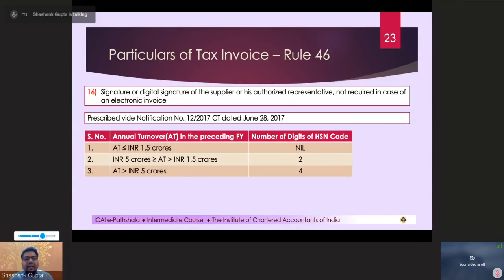So these 16 different details are required to be captured in any document for it to qualify as a valid tax invoice.